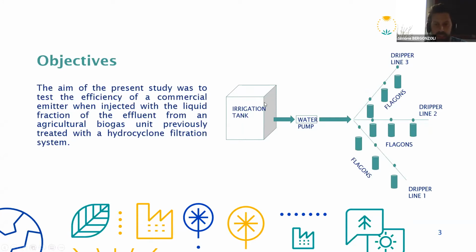You can see in the scheme that we gather the wastewater, then we filter it, we place it in the irrigation tank, and we had 3 irrigation pipe lines where we place flagons below to gather the liquid irrigated.